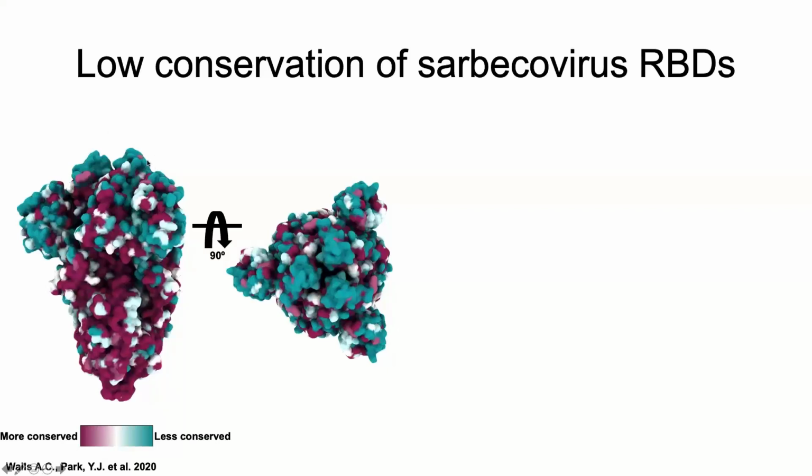But if you look on top, where the receptor binding domains engage with the receptor, you can see that among sarbecoviruses, which include SARS coronavirus 1, SARS coronavirus 2, and many of the related animal coronaviruses, there's quite a lot of variation in this receptor binding domain. And so one question we had was, are receptor binding domain antibodies that neutralize SARS coronavirus 2 conserved, or is there any ability for cross-reactivity?